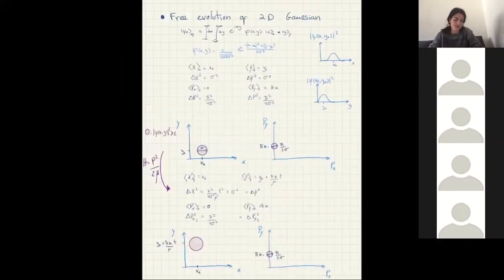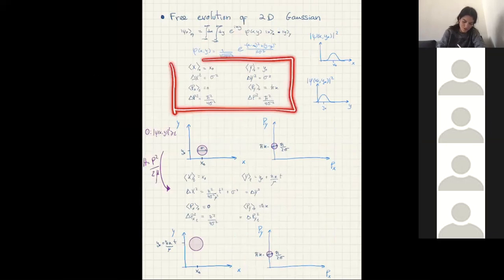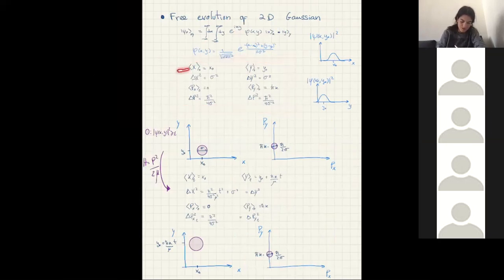We also looked at the free evolution of a Gaussian in 2D. So we took a Gaussian that is moving in the y direction only, which means, so these are the stats of the initial Gaussian. The initial position is x0, and the variance is sigma. So here's x, and here's the wave function squared.